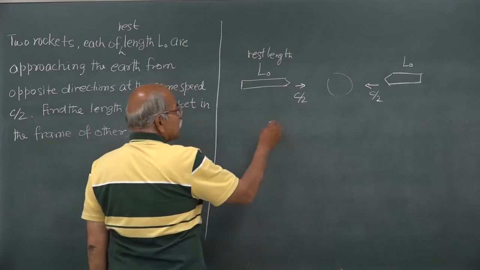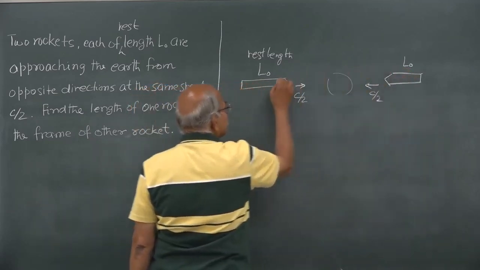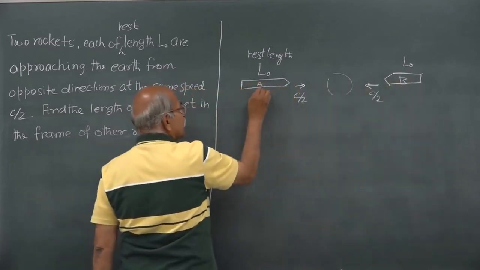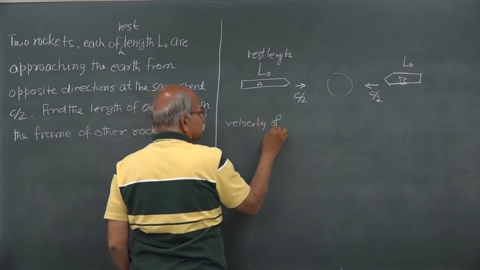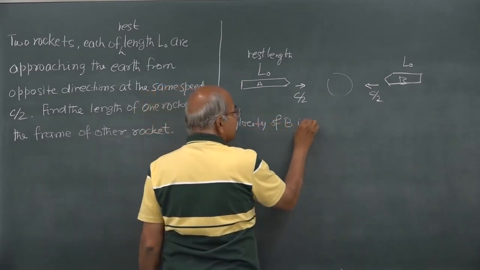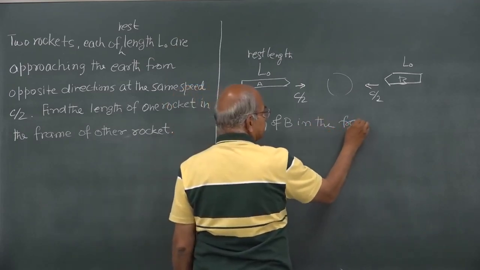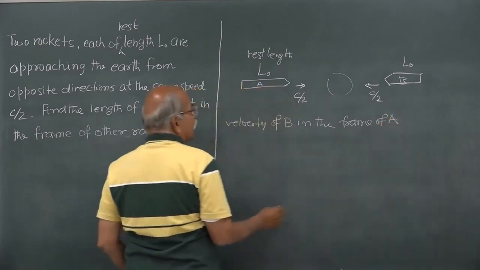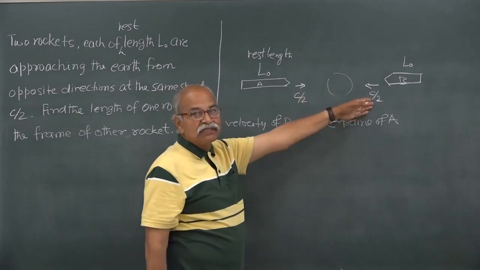Okay, so first we calculate the velocity or the speed of this rocket with respect to this one. So, if I call it B, if I call it A, then velocity of B in the frame of A or with respect to A. If it is Galilean transformation, it will be c by 2 plus c by 2 equal to c.